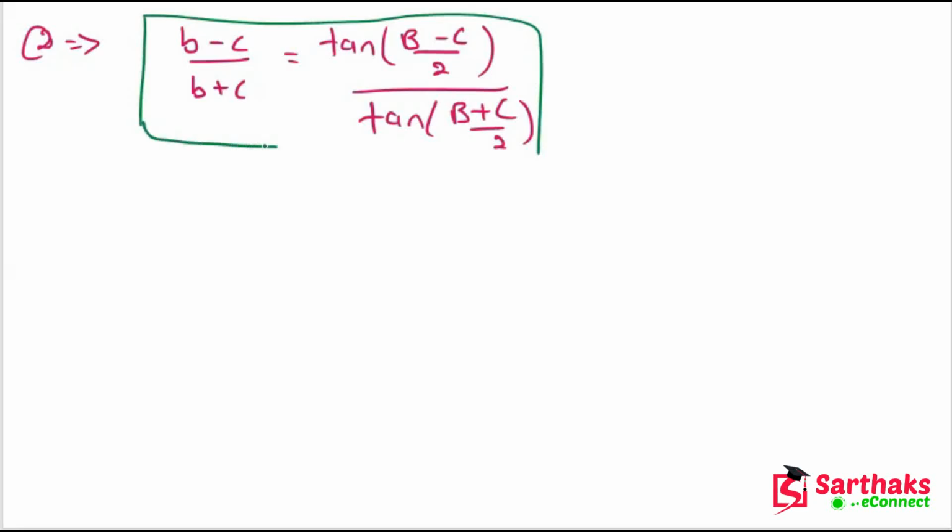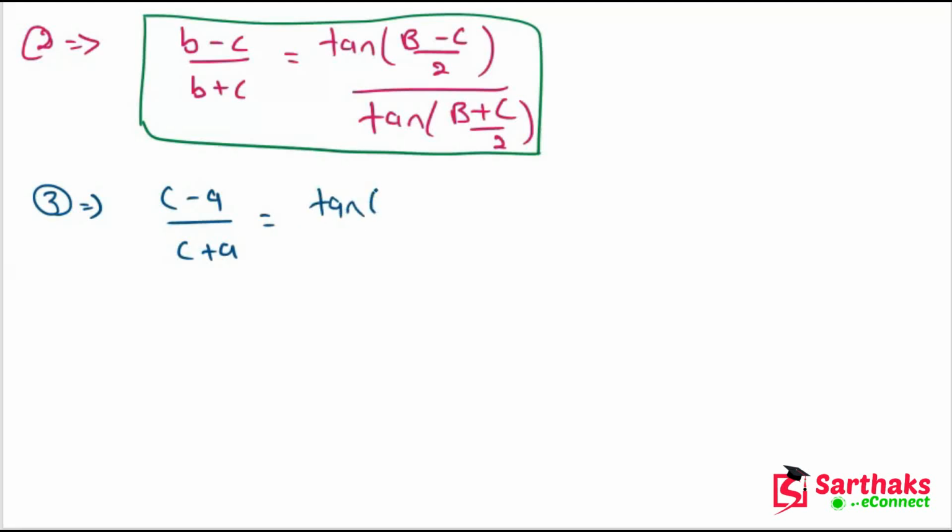Now the third formula is similar: we can write it as (c minus a) upon (c plus a). These are the sides and here are the angles.